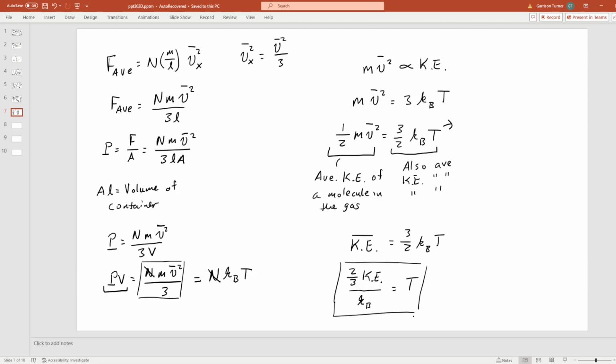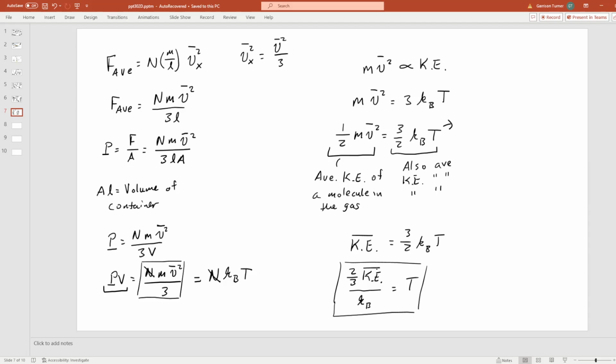So one basic working definition of temperature is that it is 2/3 times the average kinetic energy, divided by Boltzmann's constant for a container. A container with any gas.